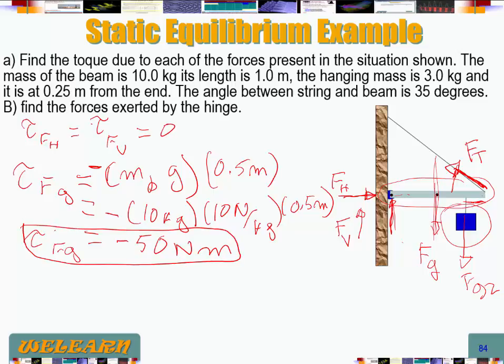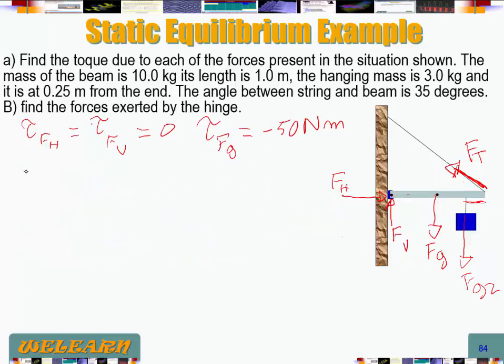Now the second easy torque is the torque due to Fg2. It's going to be Fg2, which is 3 kilograms times 10 newtons per kilogram, so that's 30 newtons. Of course, that torque is negative, because if it is the only torque acting on the beam, it will rotate it in the clockwise direction. But the distance, my lever arm here, remember the line of action is here.